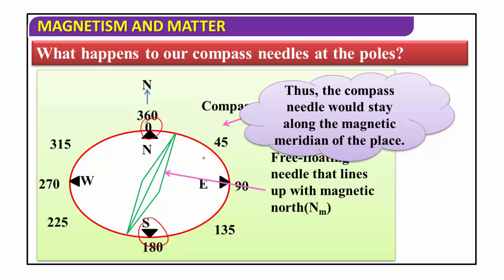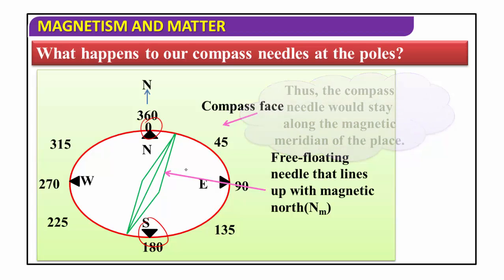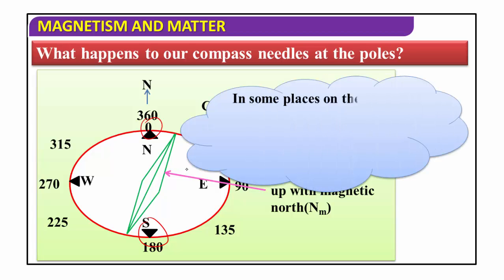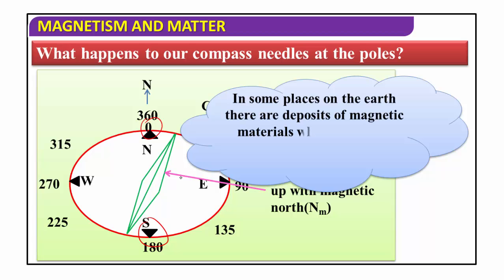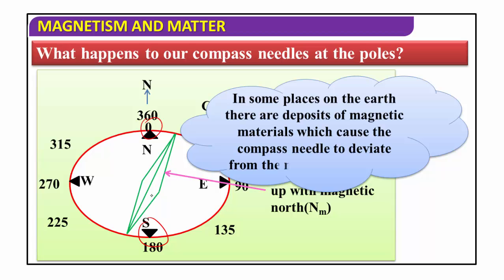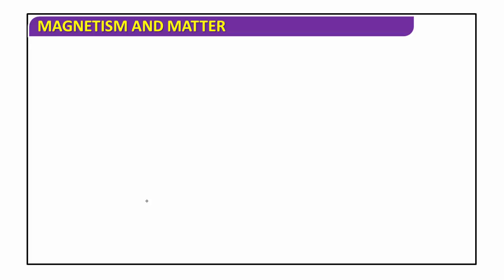In some places on the earth there are deposits of magnetic materials which cause the compass needle to deviate from the magnetic meridian.